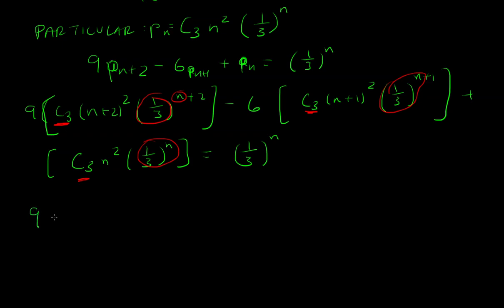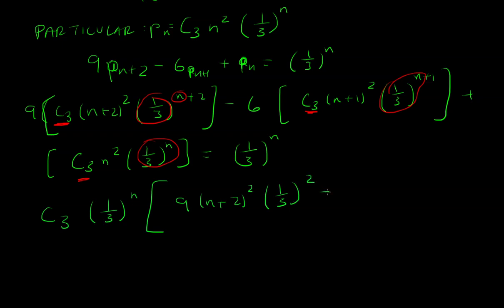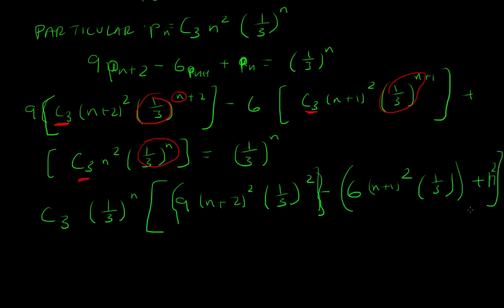We have C3 (1/3)^n times: 9(n+2)² (1/3)² minus 6(n+1)² (1/3)^1 plus n². And that's going to equal (1/3)^n.